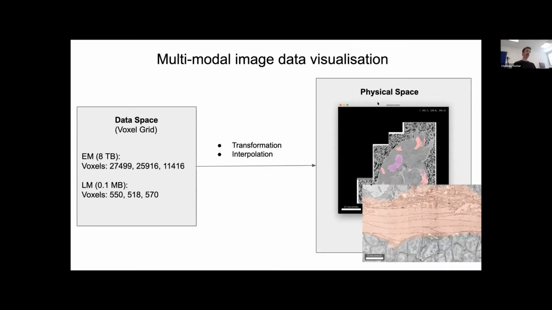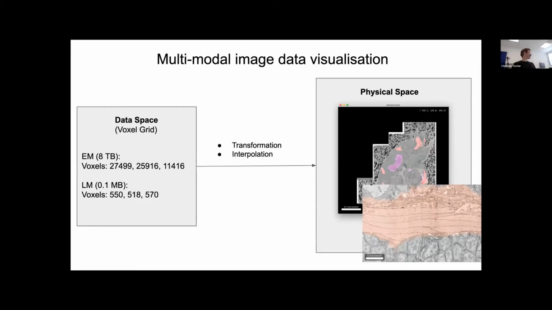BigDataViewer says, I know nothing about voxels, I just know about physical space. So when BigDataViewer wants to render something, it's just going through the canvas that it currently displays, and asks all the images that are currently visualized, hey, can you please give me a value that I should render? And it asks these images by means of a transformation that specifies how to go from voxel space to physical space.